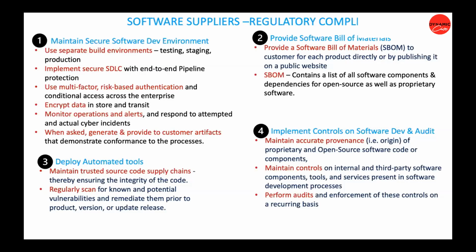That needs to be maintained now compulsorily. That means if a supplier uses a component, they need to document that this component has come from this place, and give the assurance that it is bug-free, vulnerability-free, Trojan-free, and maintain and perform. So these are basically the regulatory compliances that are coming.